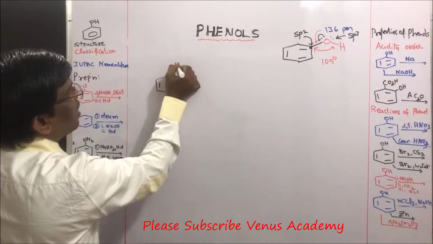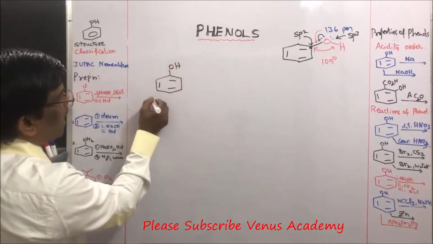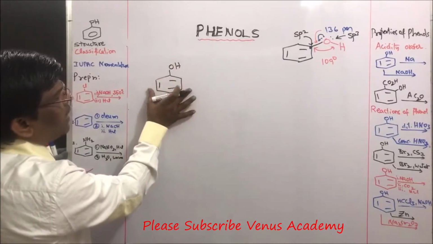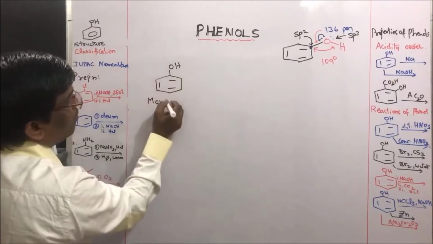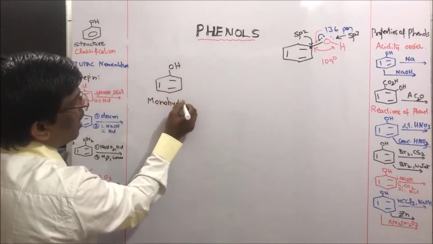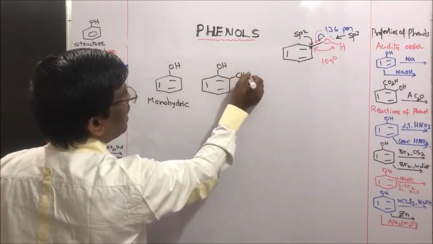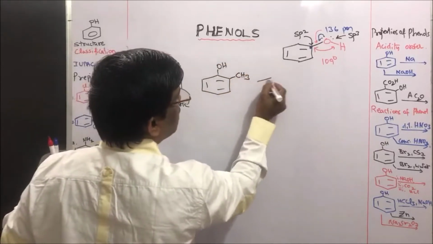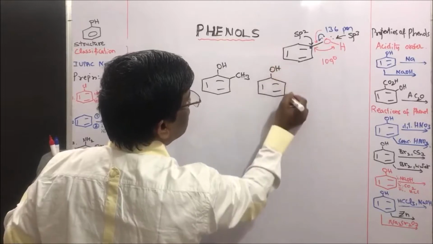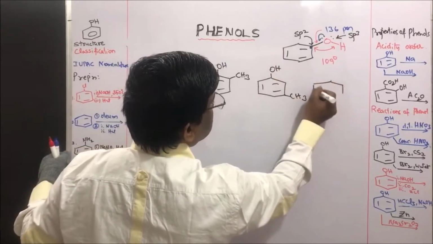This is phenol or monohydric. Benzene, if it is having one hydroxy group, is known as monohydric, and it can have other substituents like orthocresol, metacresol, and this is paracresol.